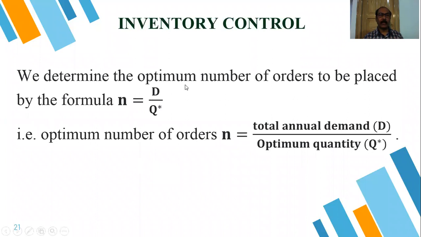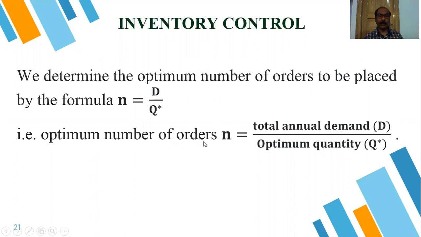We determine the optimum number of orders to be placed. As soon as we know our optimum order quantity, that is the economic order quantity or the optimum or economic lot size, we know the relation N is D by Q star. So this is the number of orders we are placing per year or per period, whatever is given in a particular problem.